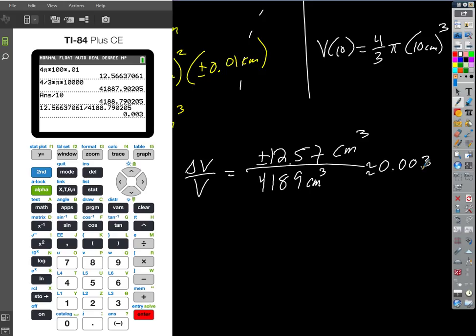Okay? That still doesn't mean a lot to me. How could I write that in a way that's maybe a little more meaningful? Percentage, okay? So that's about 3.3% plus or minus 0.3%. That's pretty big. I mean, that might be too much for us to tolerate, right?